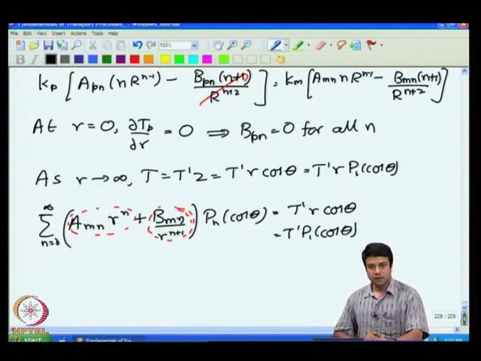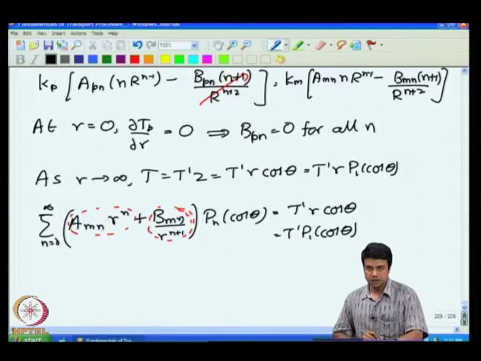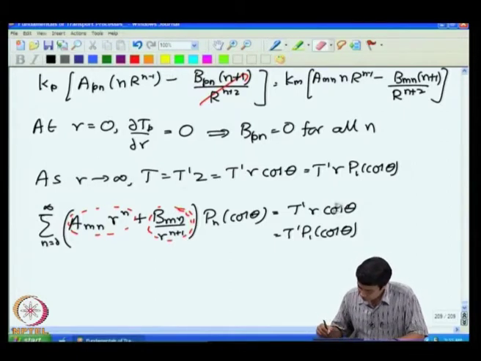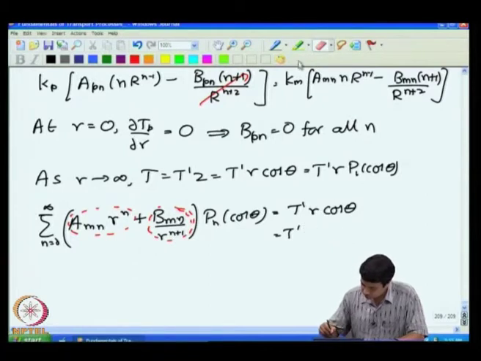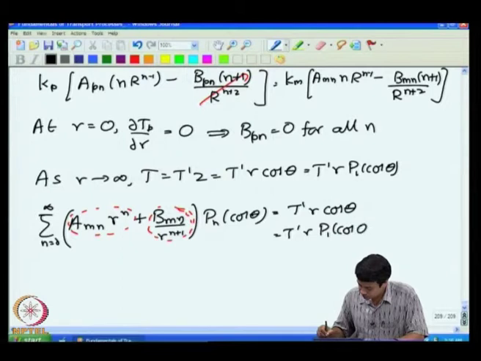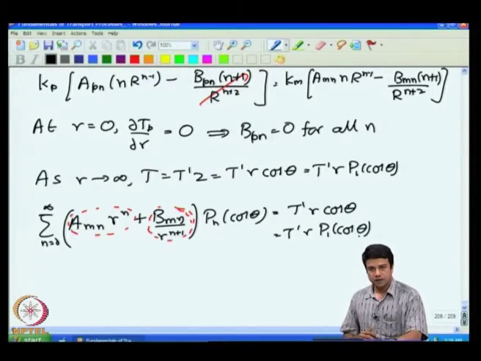Now, I can use orthogonality relations. I can multiply both sides by P_m of cos theta and integrate sin theta d theta. If I integrate both sides, the right hand side is non-zero only when m is equal to 1.